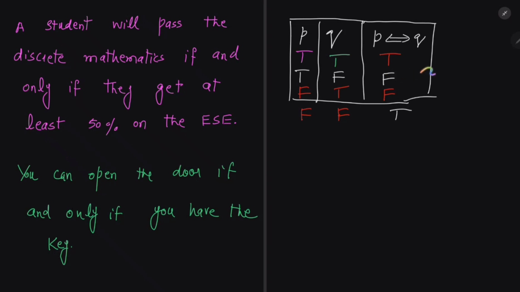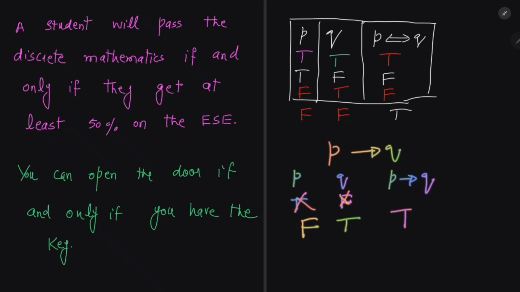Here you can notice that in one way, P implies Q was true when P was false and Q was true. This was the case when we have a conditional statement: since the conclusion is true, we can say that the result is also true.